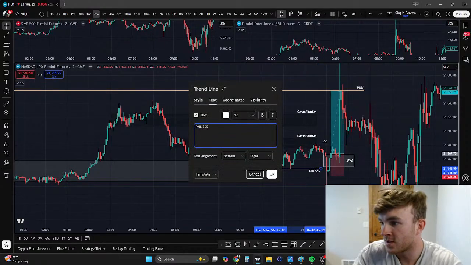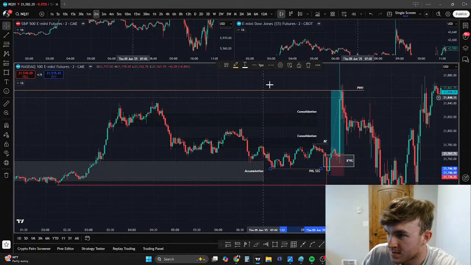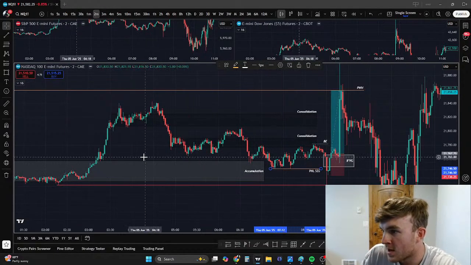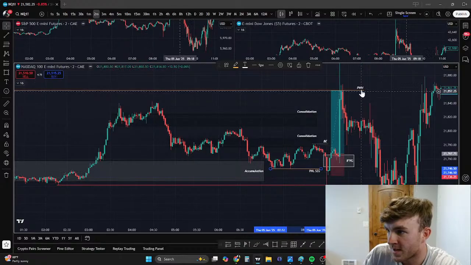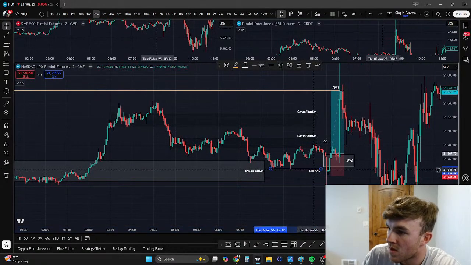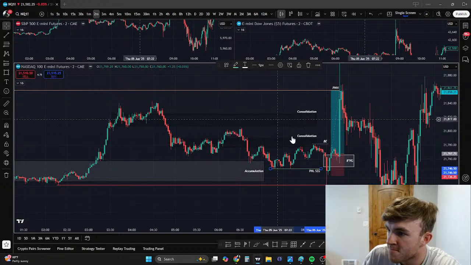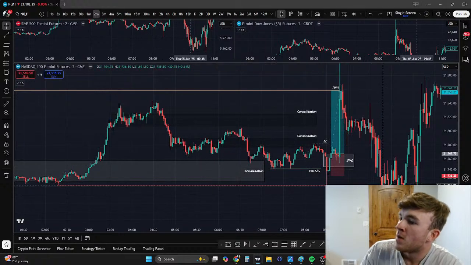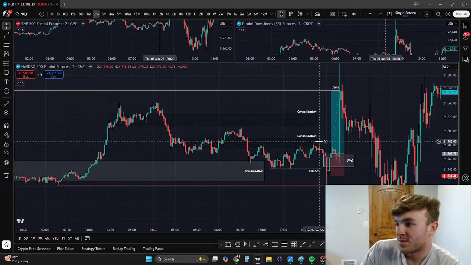We sweep previous hour's low, we sweep London lows, and then ride up the previous week's high. Dude, this is pretty cool. I like this.